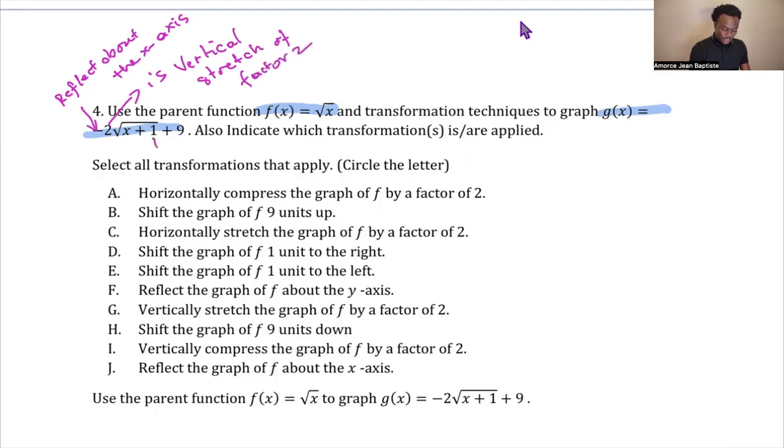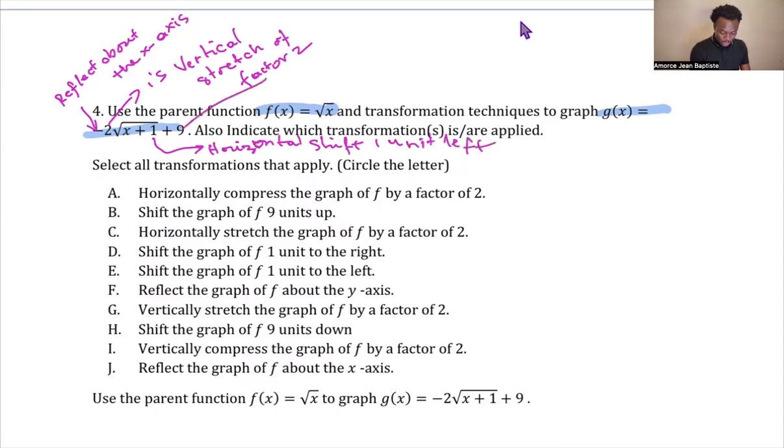And then this is a horizontal shift, horizontal shift 1 unit left.